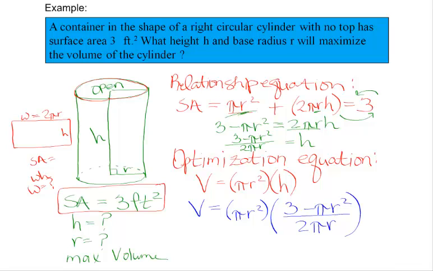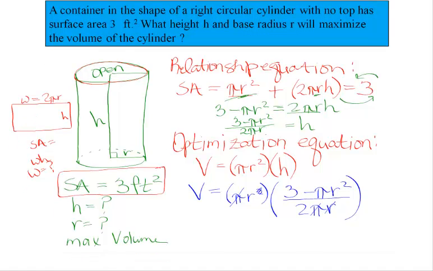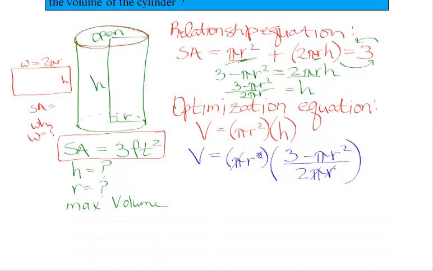Now I can do some cleaning up. I have a pi in the numerator and a pi in the denominator. I have an r down here, and I have r squared there. So I definitely can clean the volume equation up. All I have out here is an r. So I'm going to distribute that r through the numerator.